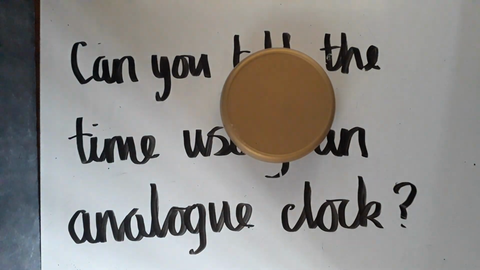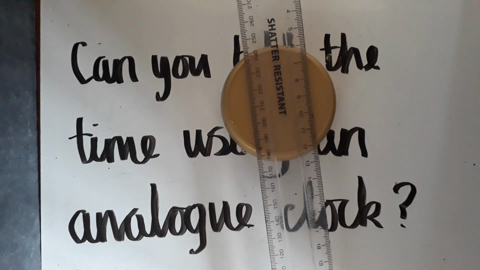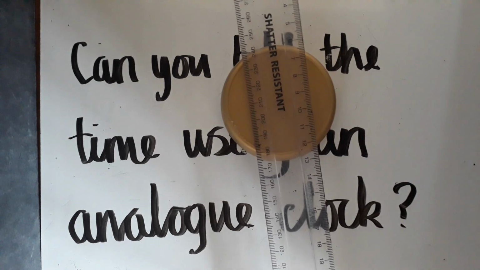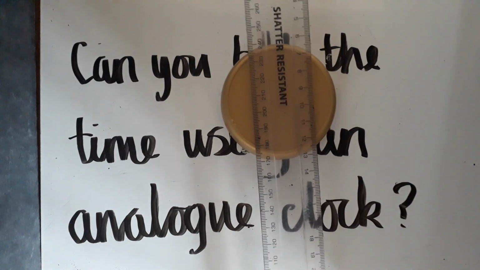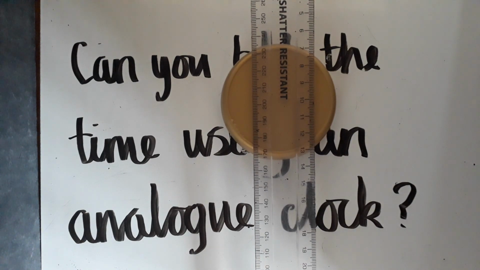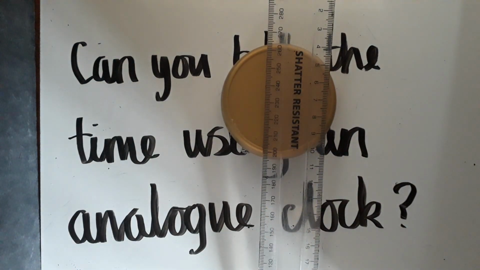And the other thing that you're going to need is something that's going to help you draw a straight line. Doesn't have to be a ruler, could be the edge of something that's straight, but if you've got a ruler, then that's brilliant. Okay, so get those items, and then we'll work through telling the time.